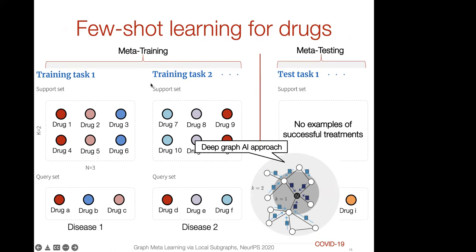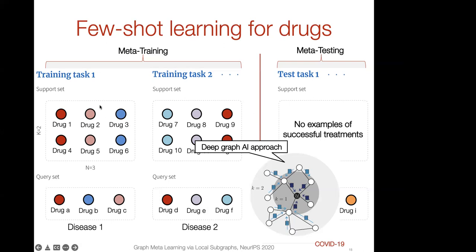During the meta-training phase, we designed a large number of training tasks. Each of those tasks was designed for a different disease. In training task 1, we asked the model to learn how to distinguish between drugs that treat disease 1 versus drugs that do not treat disease 1.